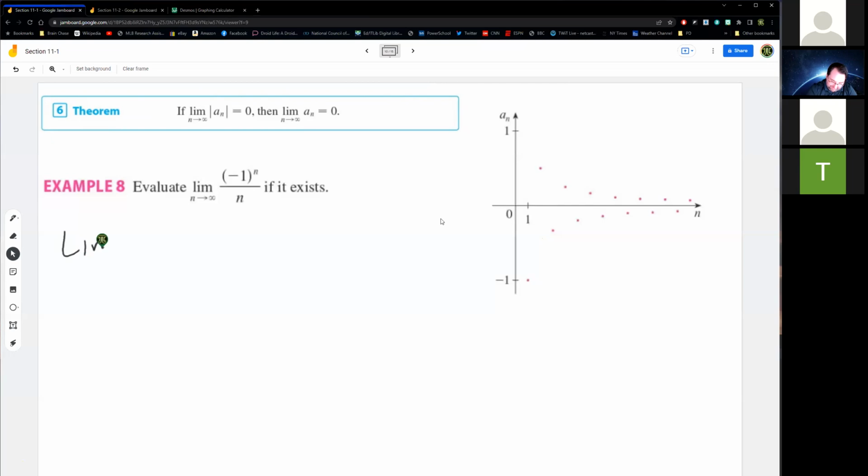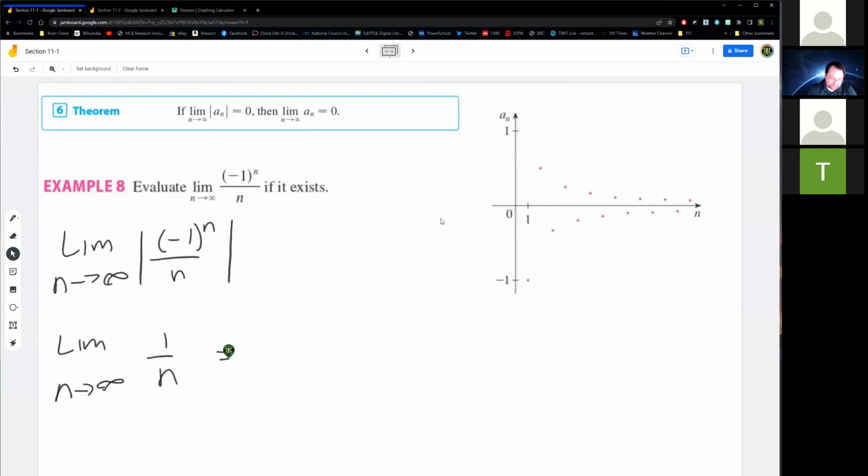So if I look at the limit of this, the -1 to the n over n, that's really just saying the limit as n goes to infinity of 1 over n, which we already know goes to 0. So since that goes to 0, the original problem goes to 0.